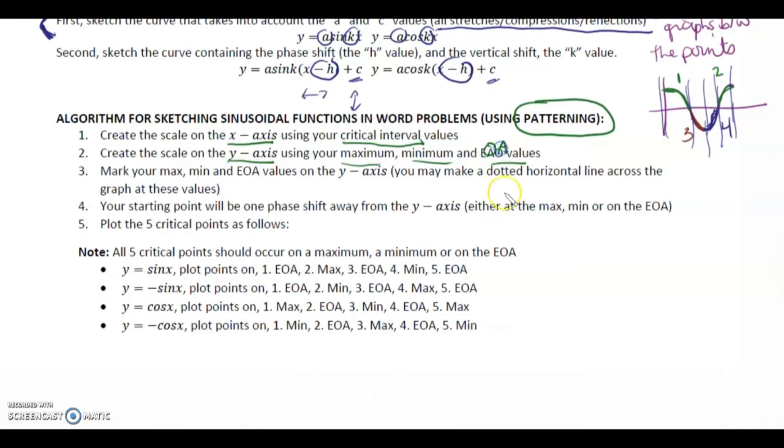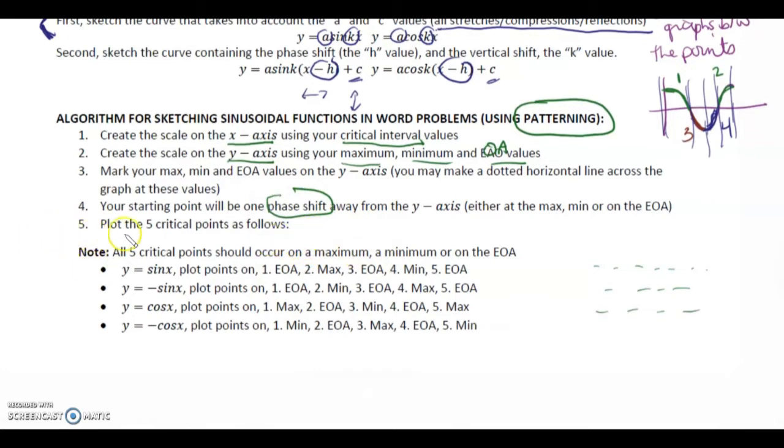Then we're going to mark our max-min and equation of axis values on the y-axis, and then we're going to make those dotted horizontal lines across that we've already seen. Okay? And at that point, we're going to find our starting point from the phase shift, and then we're going to pattern.